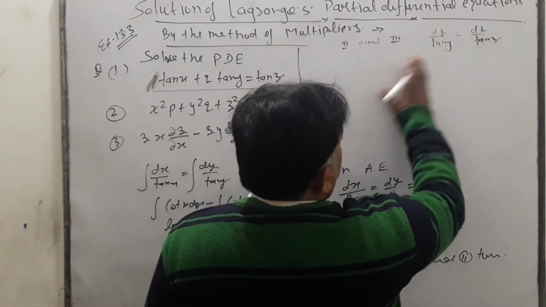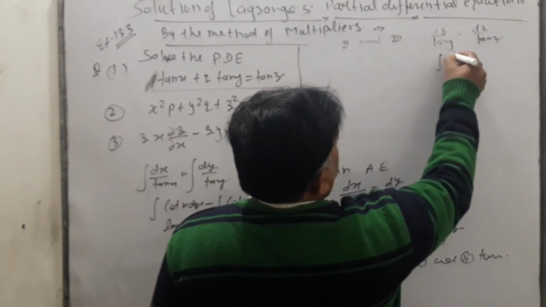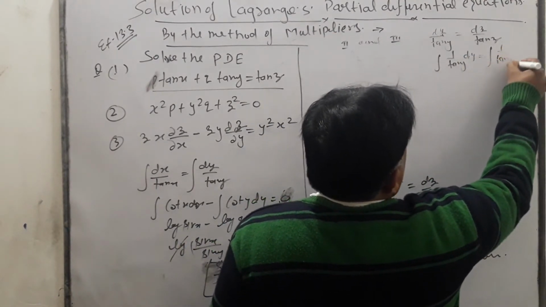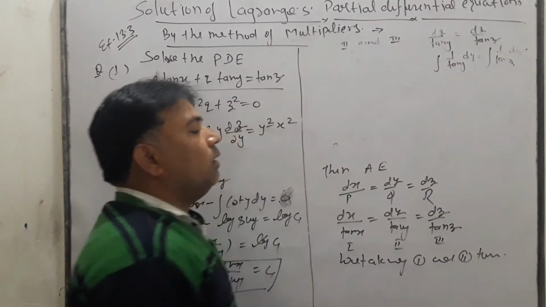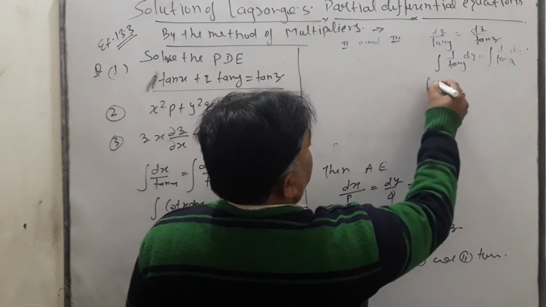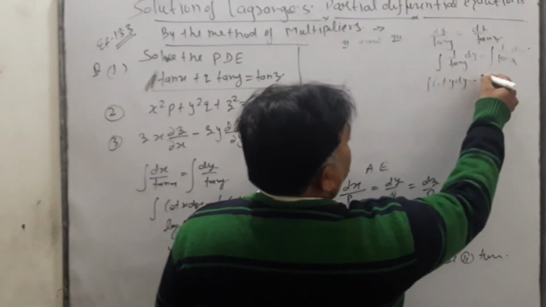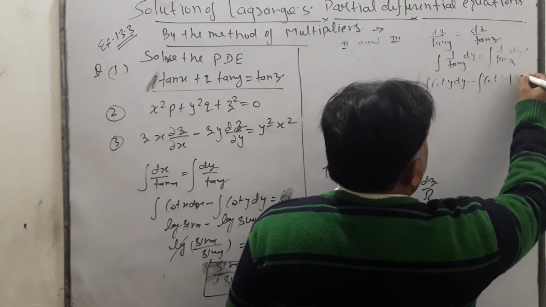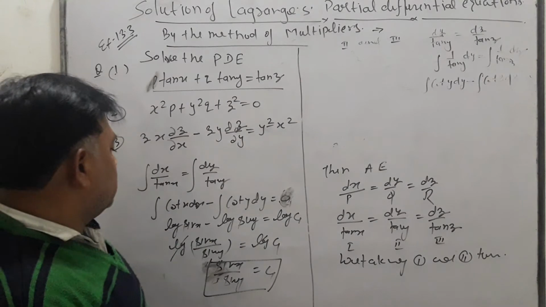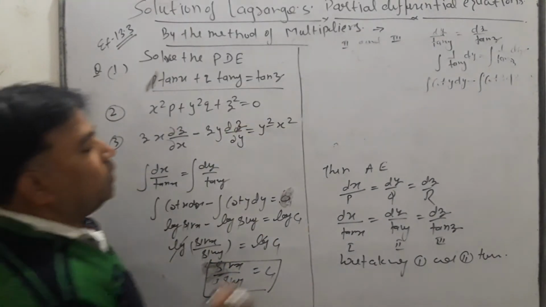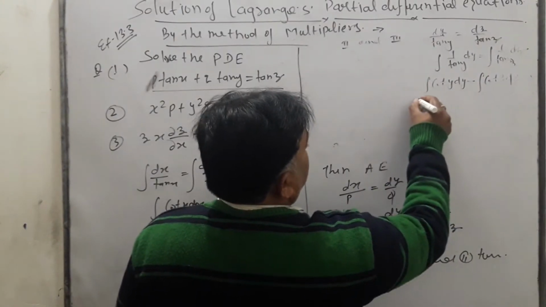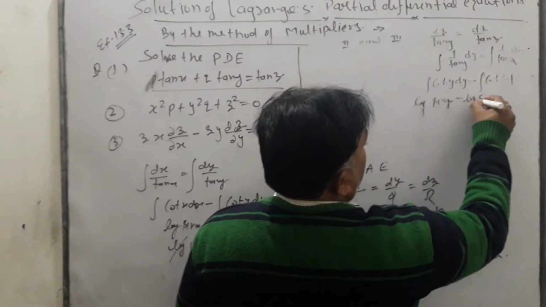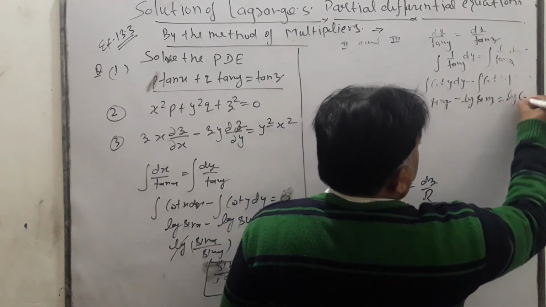In the previous step, integrating 1 upon tan y dy and integrating 1 upon tan z dz, 1 upon tan y means the integration of cot y dy minus the integration of cot z dz equals 0. By a similar process, log of sin y minus log of sin z equals log of c2.